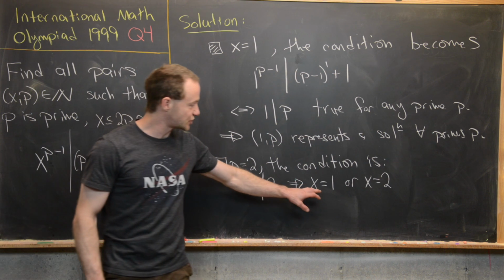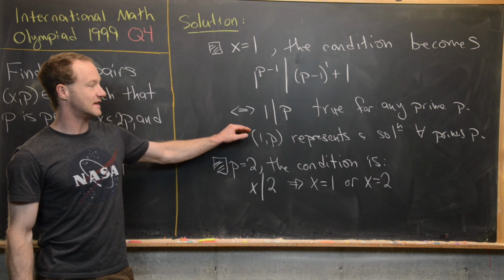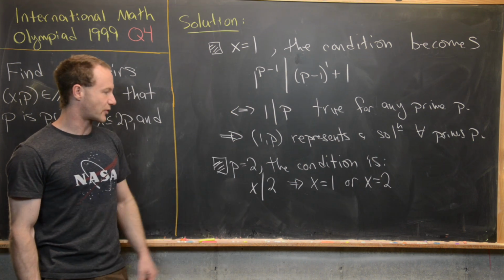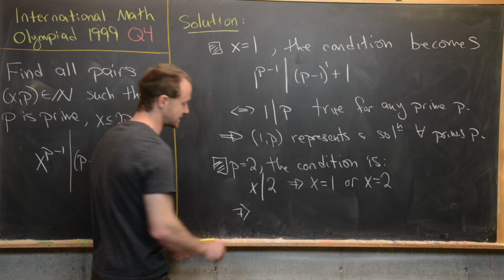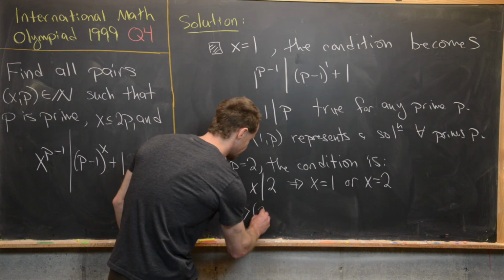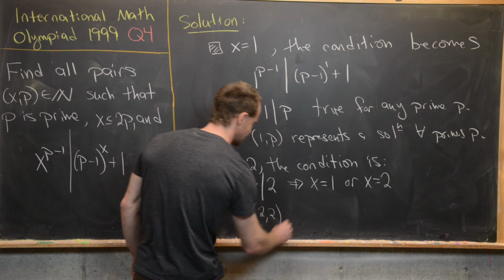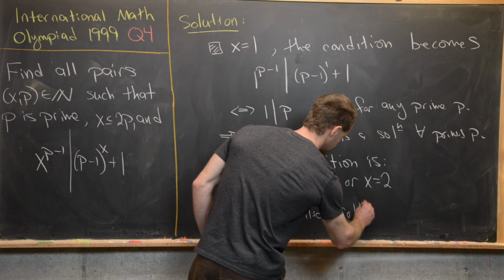Notice the solution x equals 1, p equals 2 is contained in this up here because 2 is definitely a prime. So we get a new solution out of this as well: x equals 2 and p equals 2. So 2 comma 2 is also a solution.